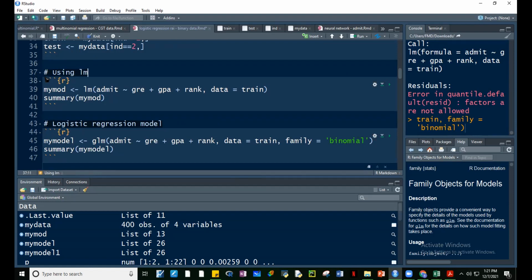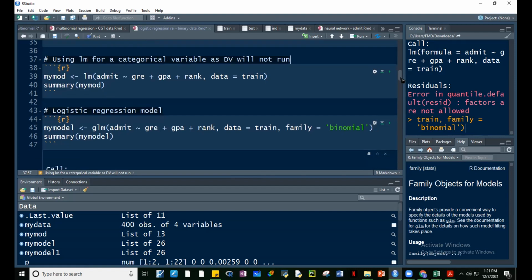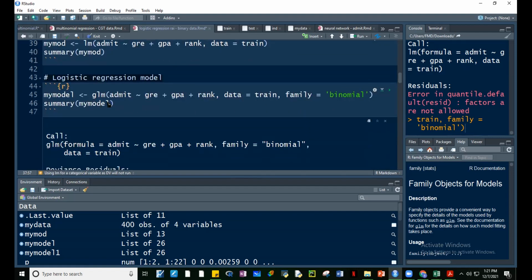Using LM for a categorical variable as your DV will not run. Okay, so hindi siya pwede, kasi admit natin categorical variable yan. So we have to make use of the generalized linear model and define that the family should be binomial. So let's run this now.